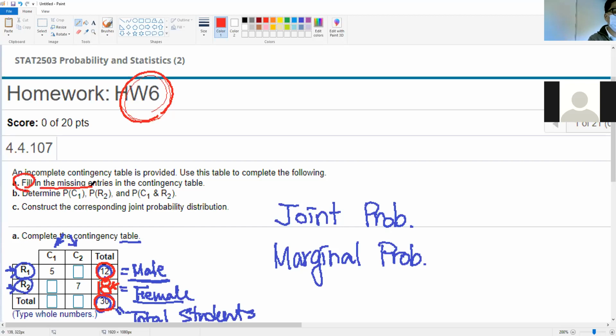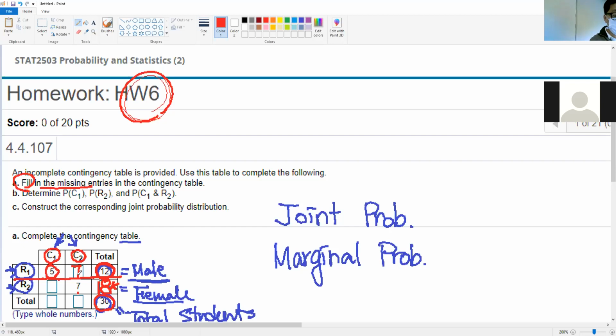So we are filling the table, the missing counts. Here, I don't know what C1 and C2 are, but we have two groups, for male and for female. Here is a 5, but the total males is 12. So the other one will be 7, because we have to make the total 12.